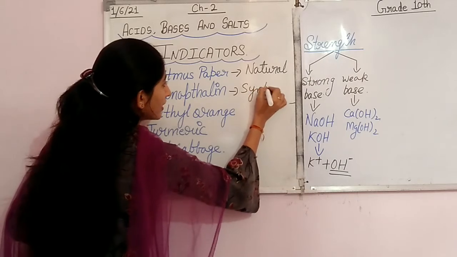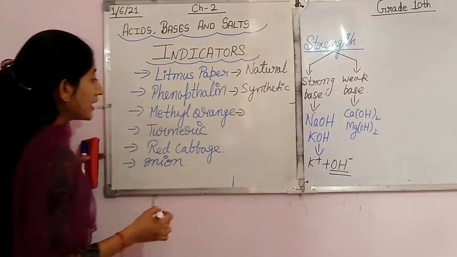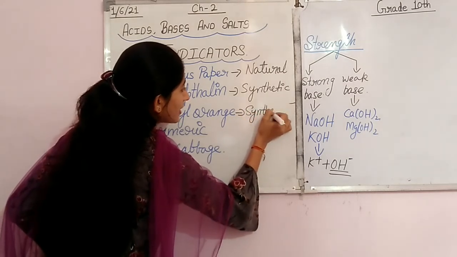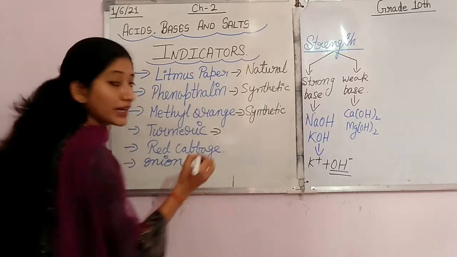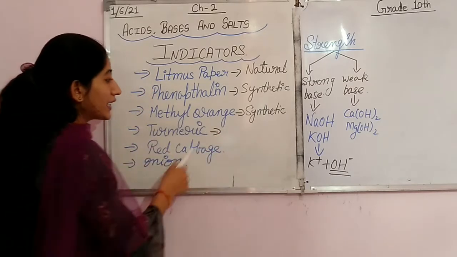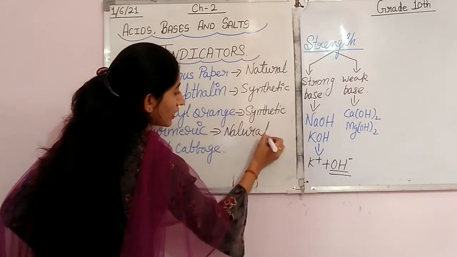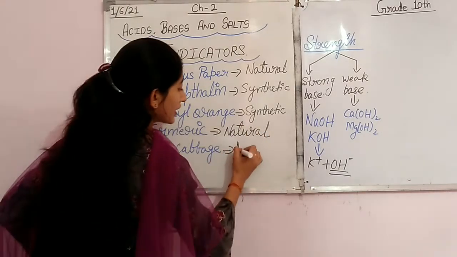This we produce in the lab. Similarly, methyl orange is also a synthetic indicator. Then when we talk about turmeric, you all know that it is our natural indicator. We get turmeric from nature only. And red cabbage is also a natural indicator.